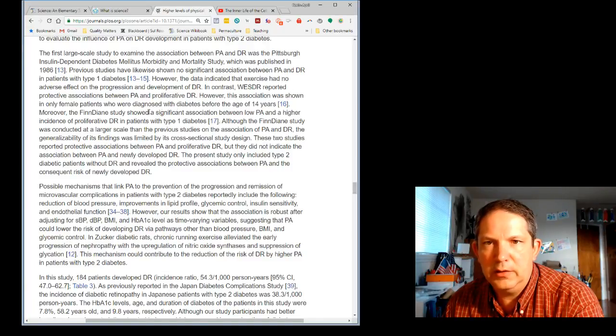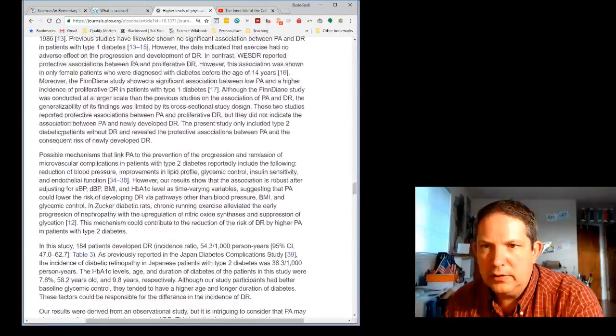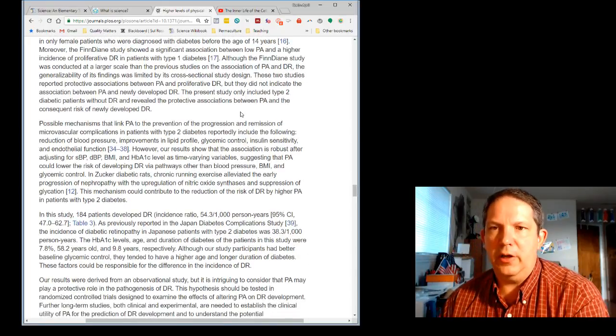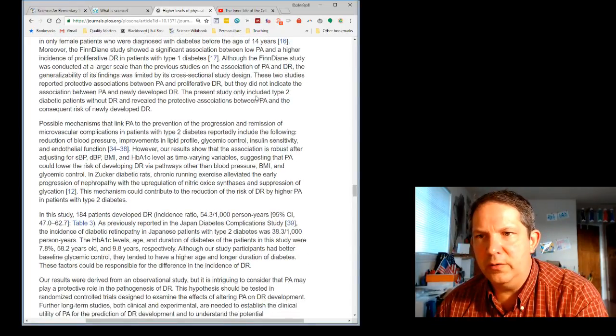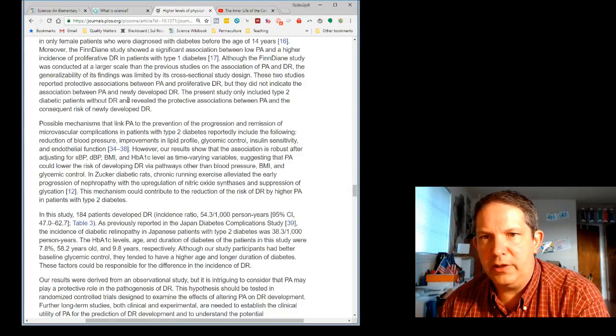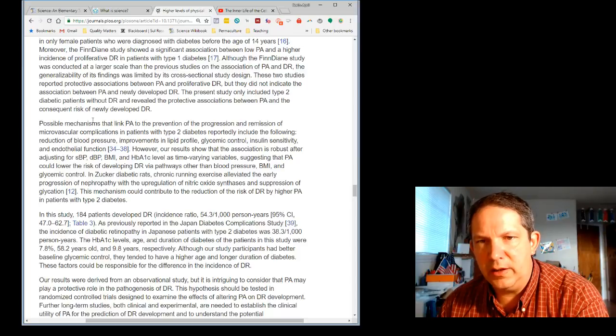In contrast, somebody else said this; however, this association... So they're comparing their results to other results, comparison and contrast type stuff. The present study only included type 2 diabetic patients without DR and revealed the protective associations between physical activity and the consequent risk of newly developed diabetic retinopathy.